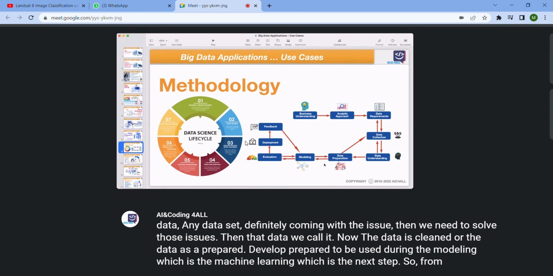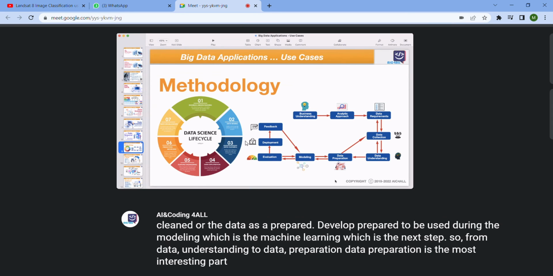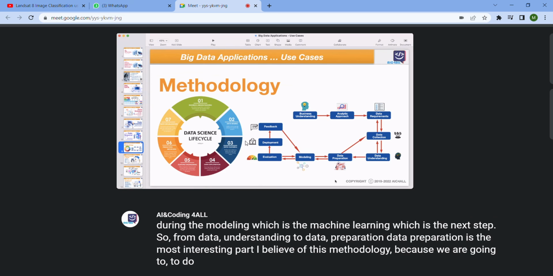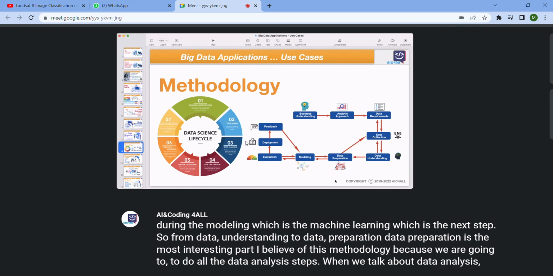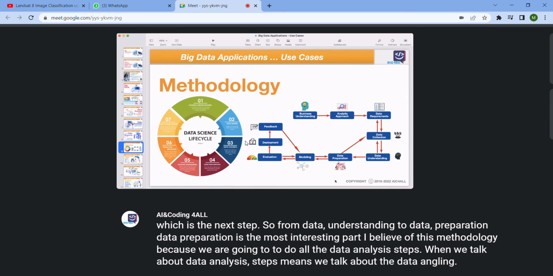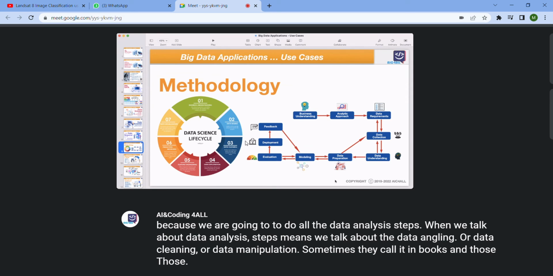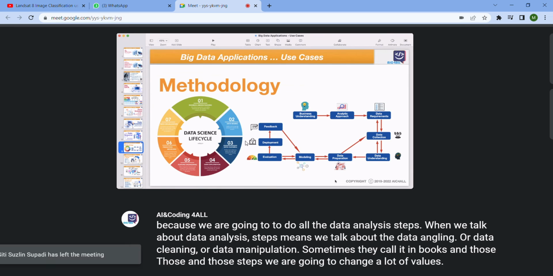So from data understanding to data preparation is, I believe, the most interesting part of this methodology, because we are going to do all the data analysis steps. When we talk about data analysis steps, we talk about data wrangling, or data cleaning, or data manipulation, as they sometimes call it in books. In those steps, we are going to change a lot of values in the data set.